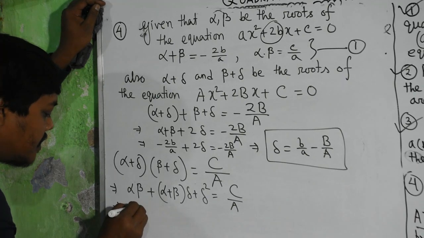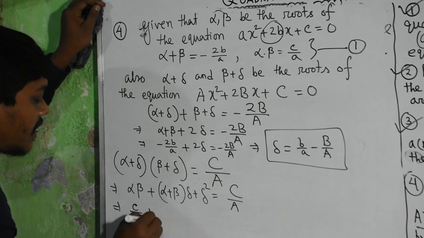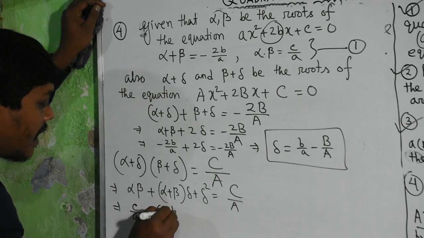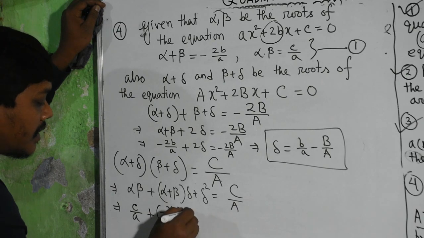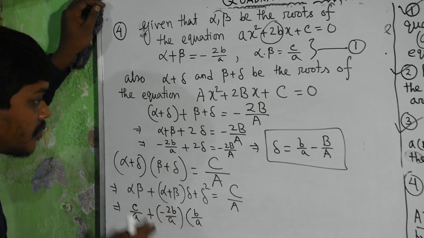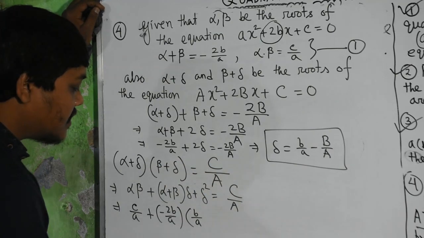That is small c by a. And what is alpha plus beta? That is minus 2b by a. I have already gotten the value of delta. Just putting the value of delta in this equation we will get the required relation.